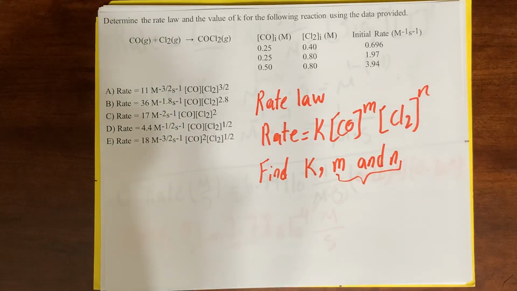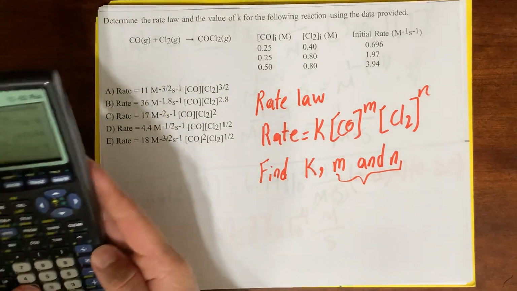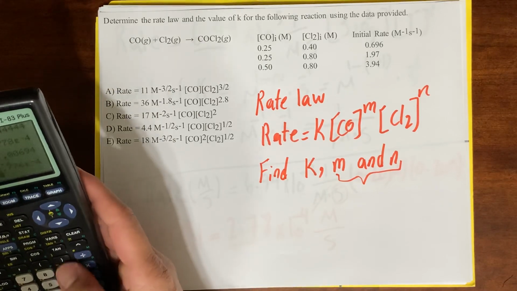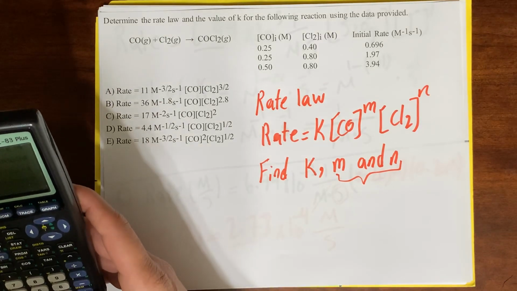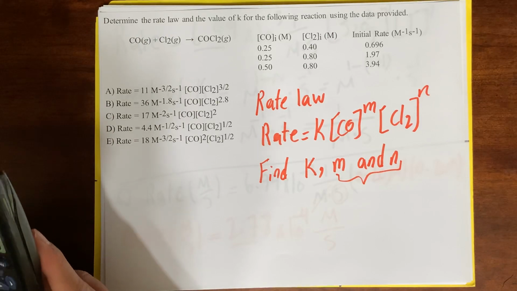And let me check here. So it says if you double Cl2, the rate, what's the rate ratio between them? 1.97 divided by 0.696 is 2.83. So we're talking about around, is it third or the second?